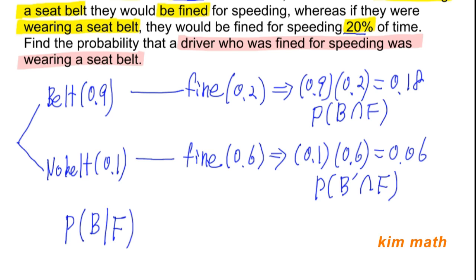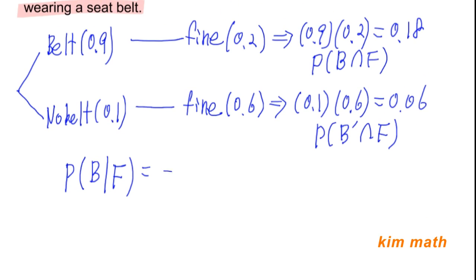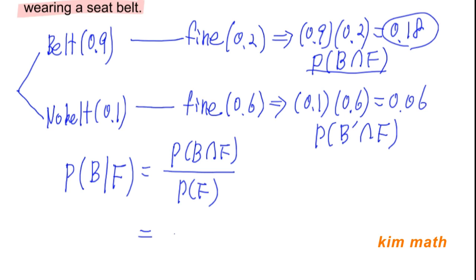Okay, so again, by definition, this will be the probability of belt and fine over the probability of fine. So please note that the probability of belt and fine, already here you have this one, so 0.18 here, and note that the probability of fine is actually the sum of these two situations, right? So you can simply add these two things.